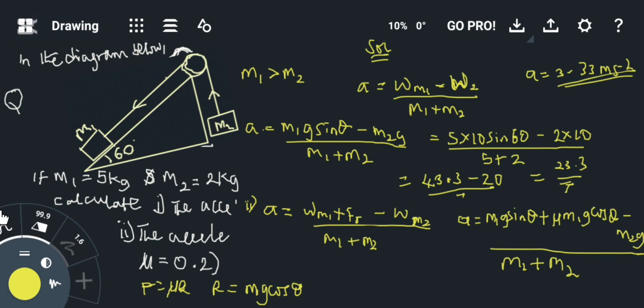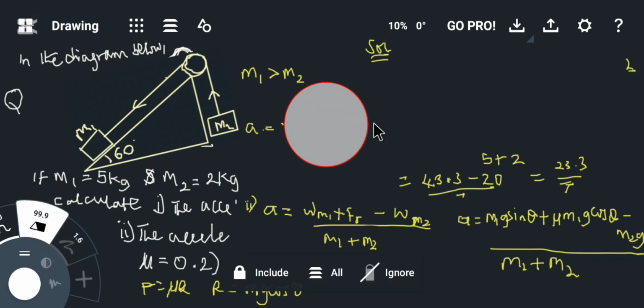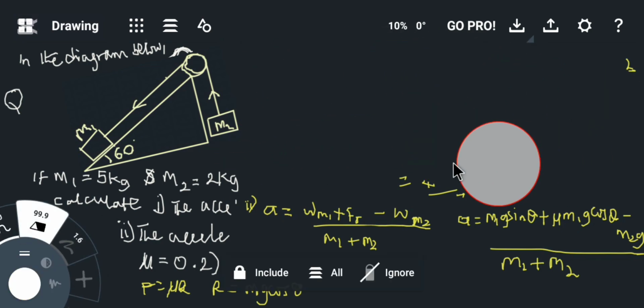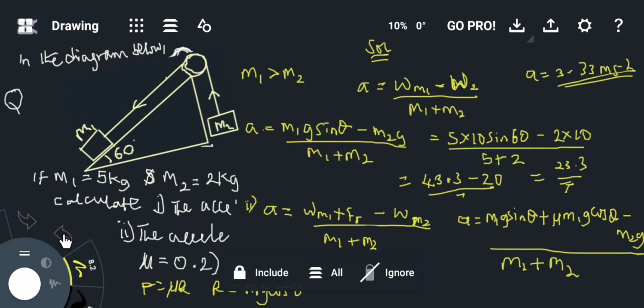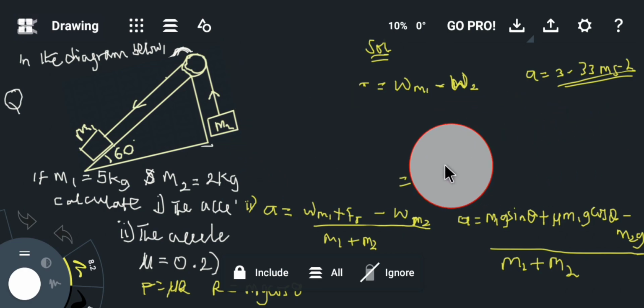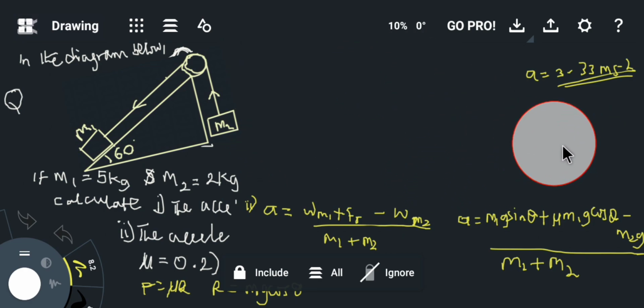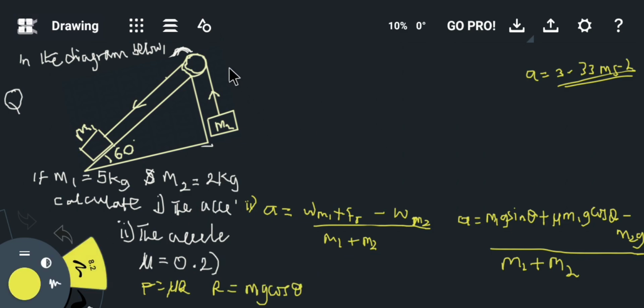I'm going to wipe everything here. We've already established the first one. So we are going to go ahead and work on that. Acceleration will now be equal to m1g. We already know m1 is 5.